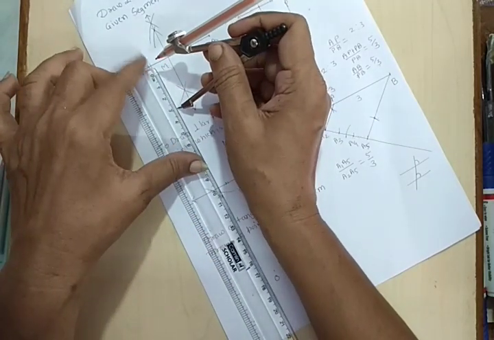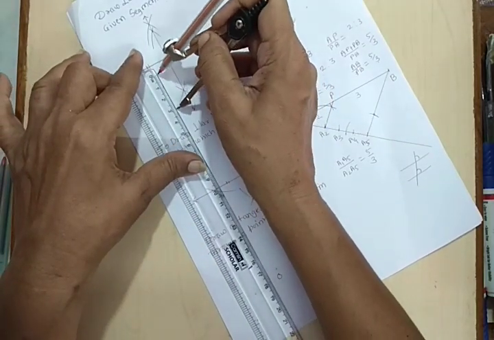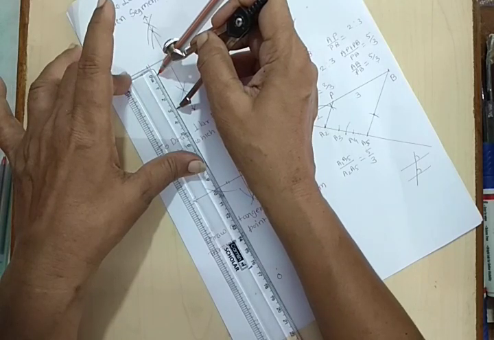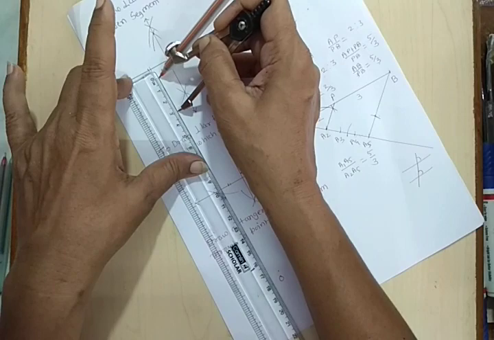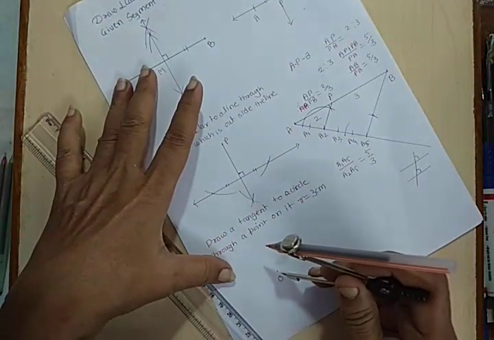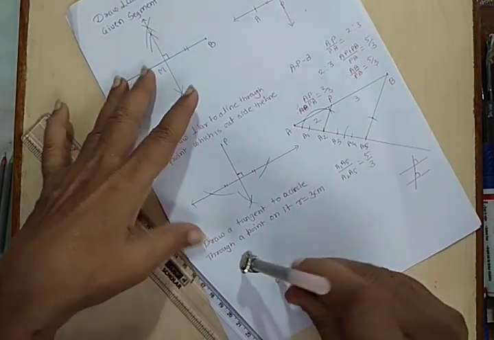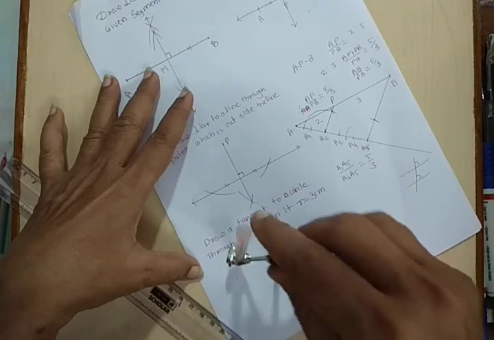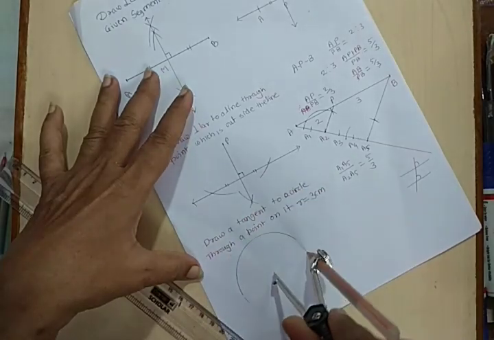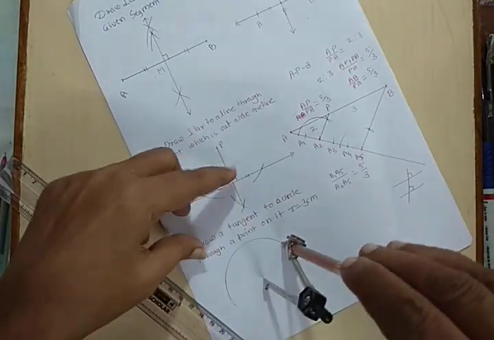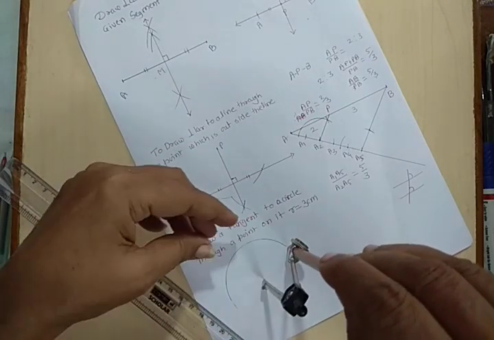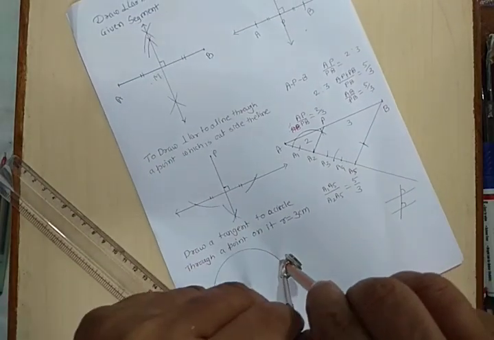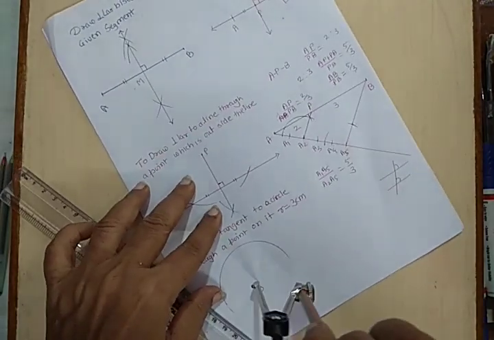Here 3 centimeter. Can you see? I have measured the 3 centimeter. Now I will draw the circle.